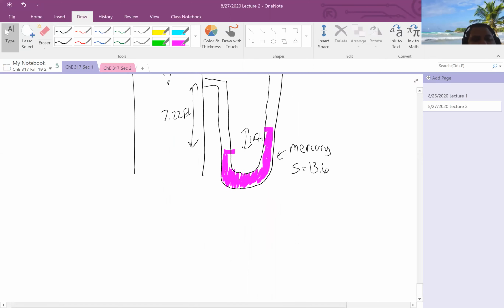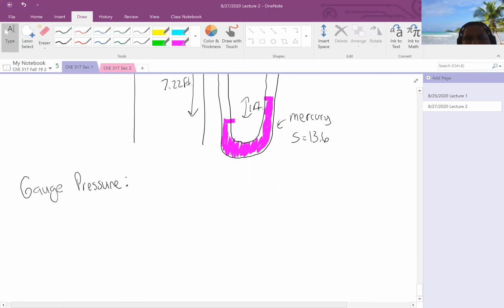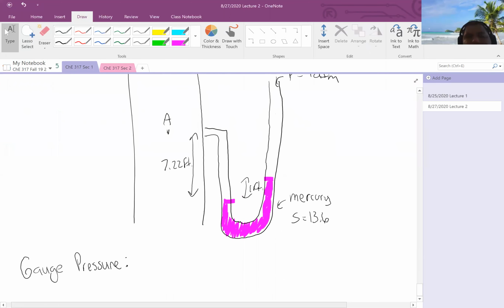So once again, we're going to look at gauge pressure, looking for the pressure at point A. So the best thing to look at is calculating the pressure differential here to get an idea of what's going to be the pressure around the mercury to get to the pressure at A.